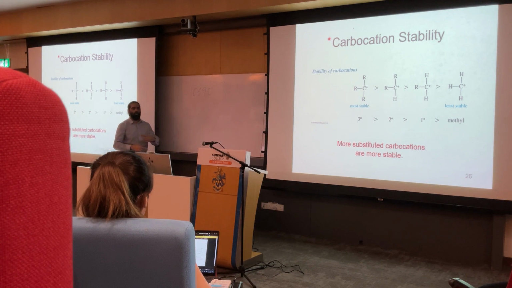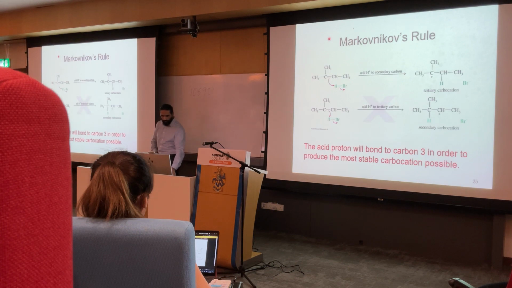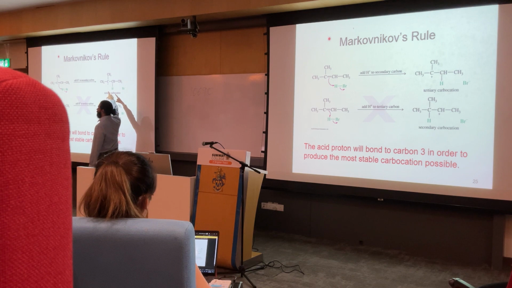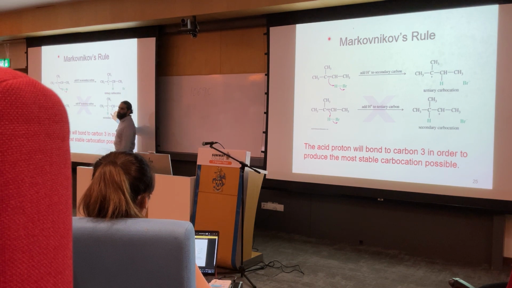And when we follow Markovnikov's rule, we actually get the tertiary carbocation. That is the reason that we have to consider where to put hydrogen. Remember? It makes all the difference in the formation of carbocation. If we put it at the wrong place, then we don't get a very stable carbocation.